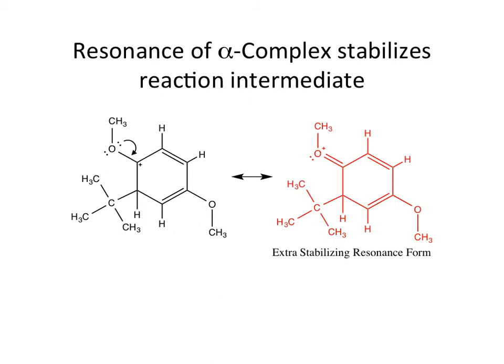Now, part of the increase in reactivity is that if we go back to this alpha complex that we just created, we have a carbocation here, that is a carbon with only 6 electrons, adjacent to an oxygen that has unshared pairs of electrons.